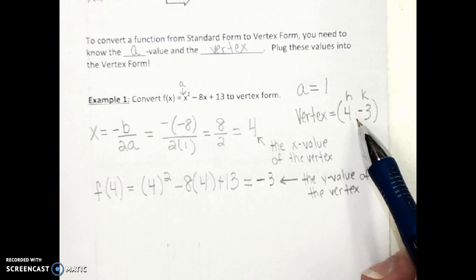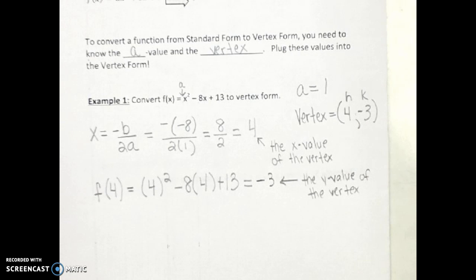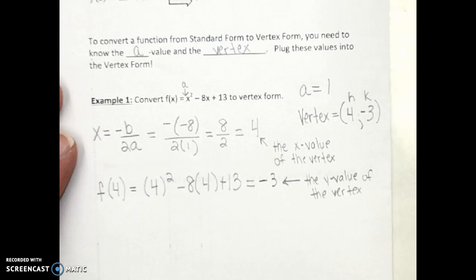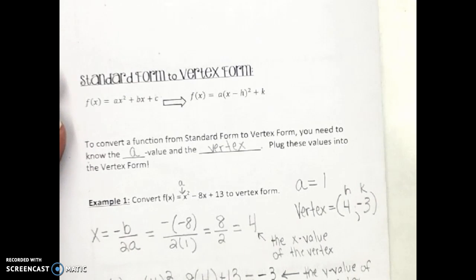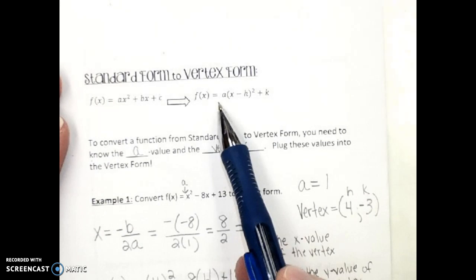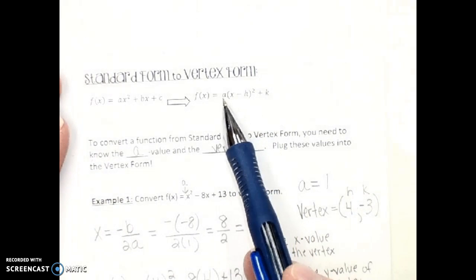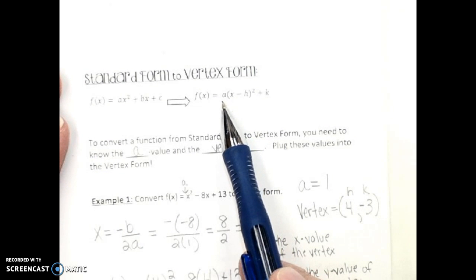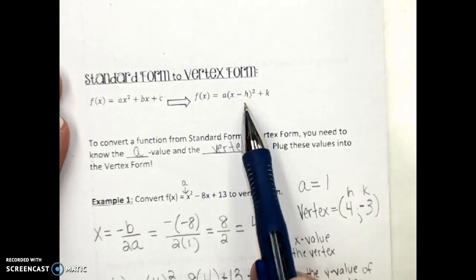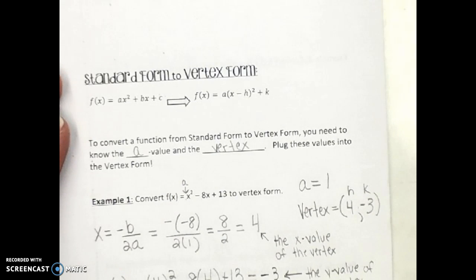Well, now you have everything that you need in order to write this in vertex form. The problem for some of us is we may not know what vertex form is. Well, I can solve that problem for you. There's vertex form. You're going to replace a with our a, which is 1. You're going to replace h with 4 and k with negative 3.